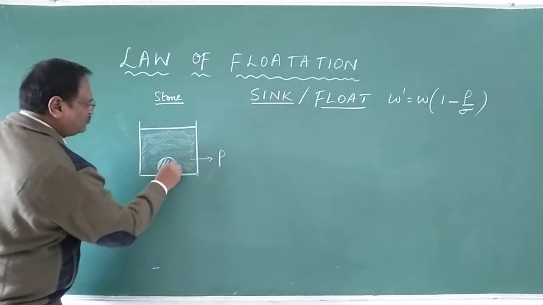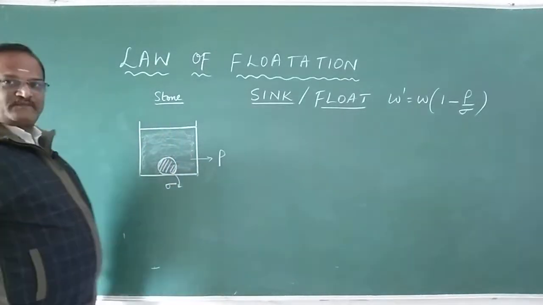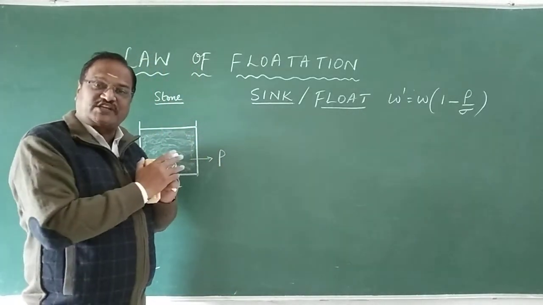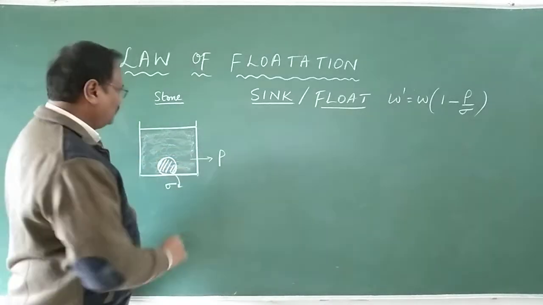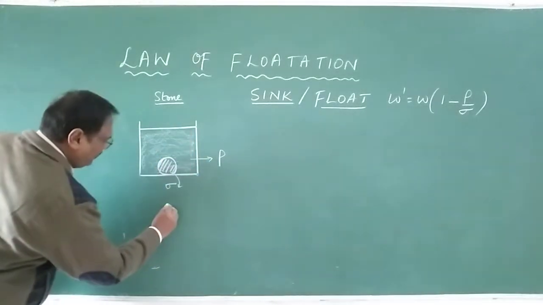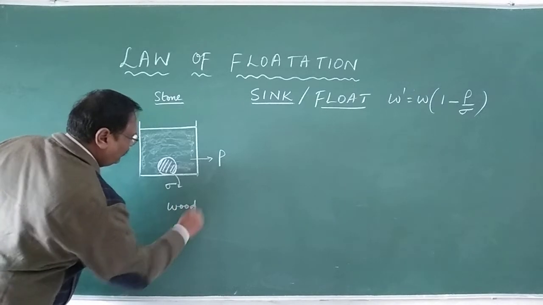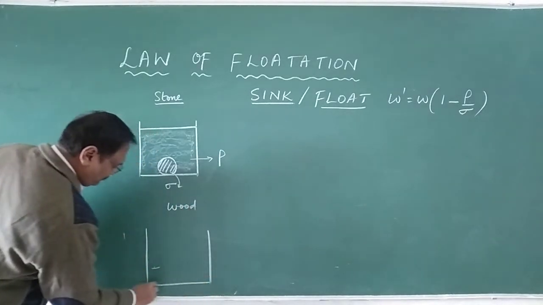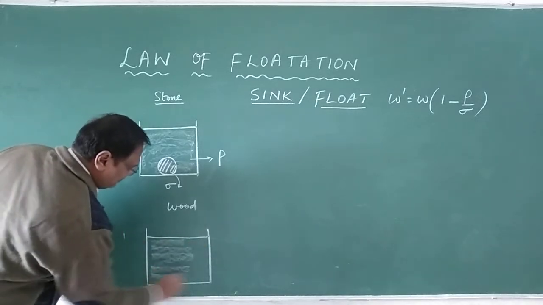Sigma is the density of that stone. Now we have to study why it sinks. What is the reason that it has sunk here? Suppose we take another, for example a cork or a wooden piece, and again we place it in a beaker and take water in this.